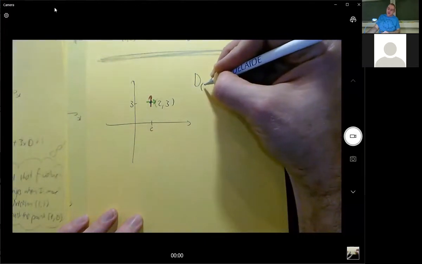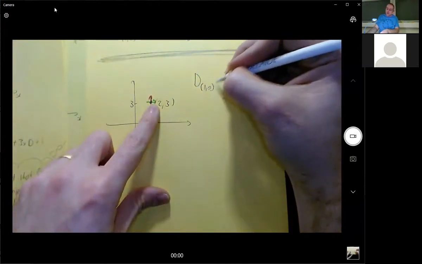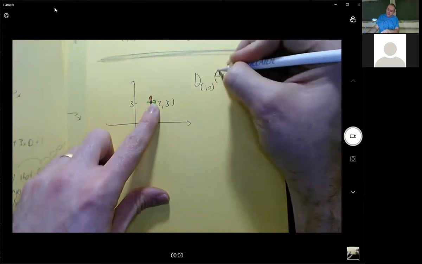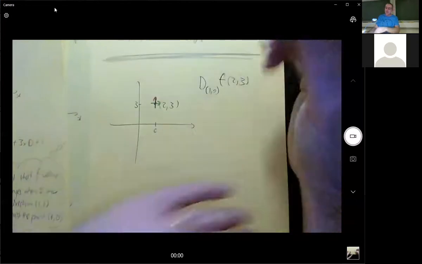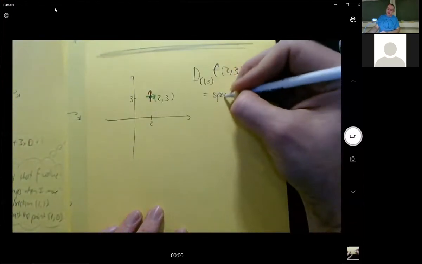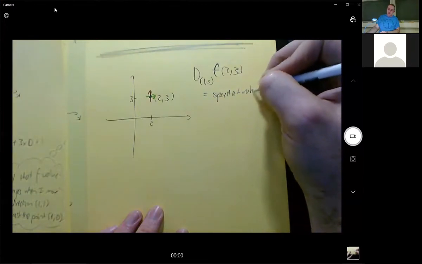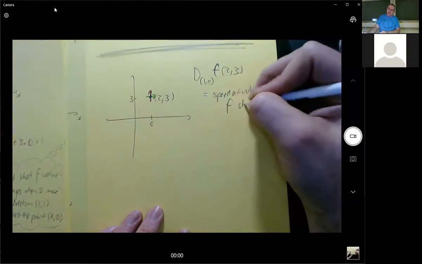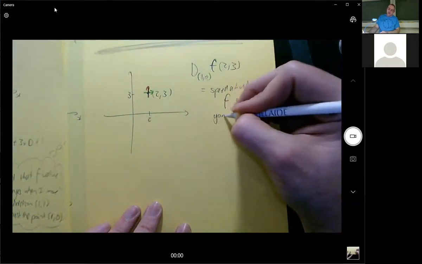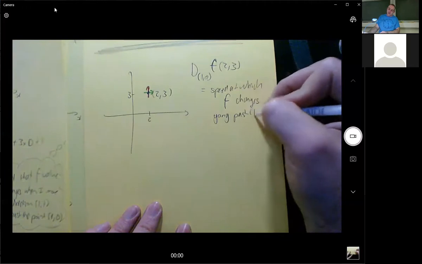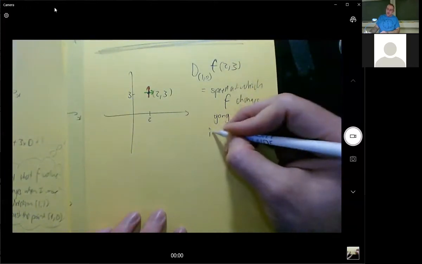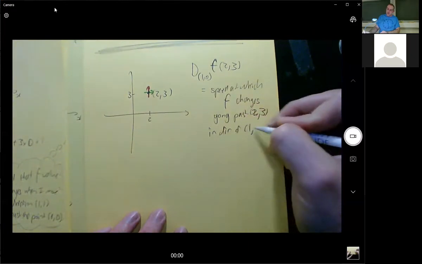because the directional derivative in the direction of 1, 0 of the function f at the point 2, 3 is the speed at which the function value changes going past the point 2, 3, because that's the point we're at, in the direction of 1, 0.